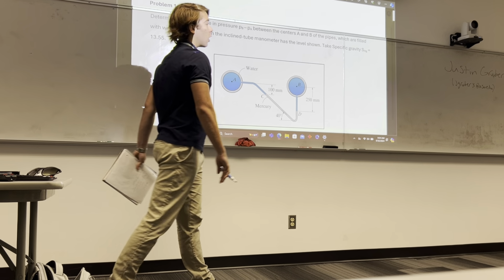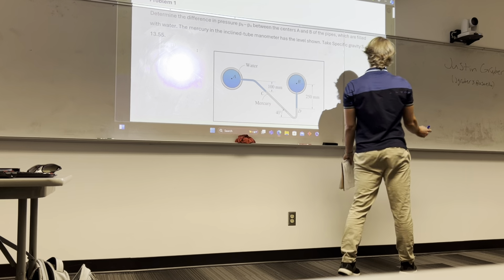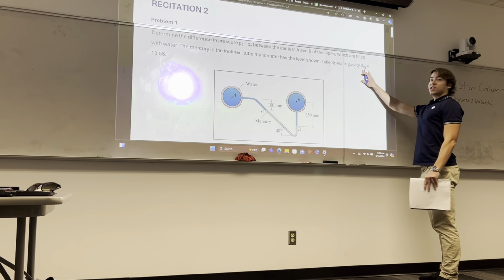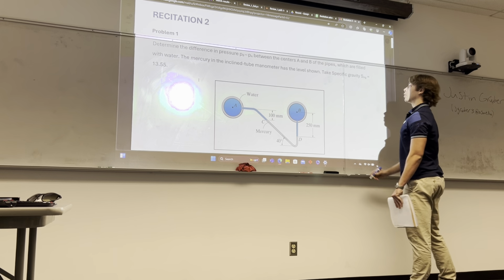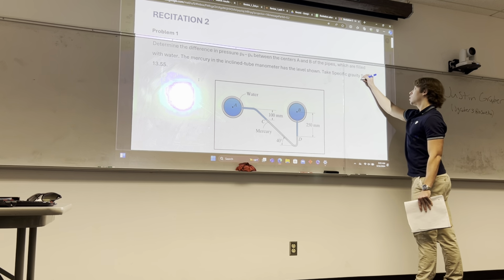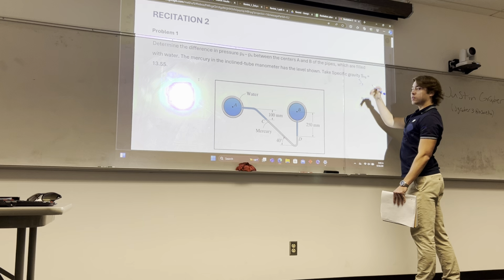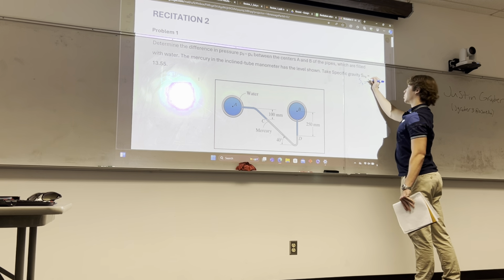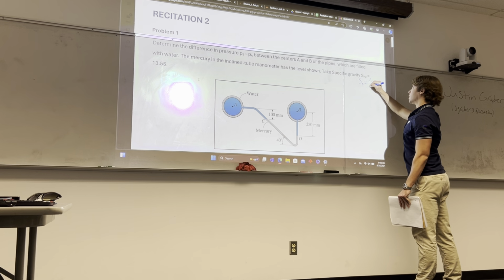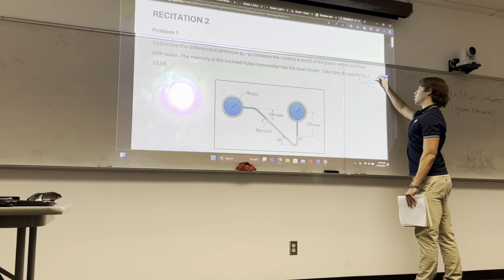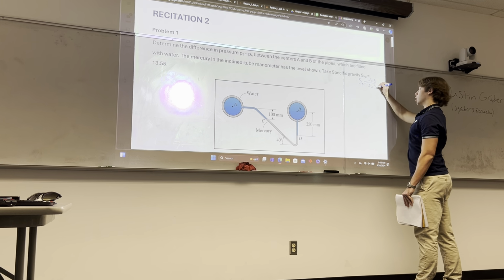All right, like I was saying before, we want to use this specific gravity ratio to determine the density of mercury. So I always like writing S of some substance X is equal to its density over some reference density. And then you can throw on your gravity terms.